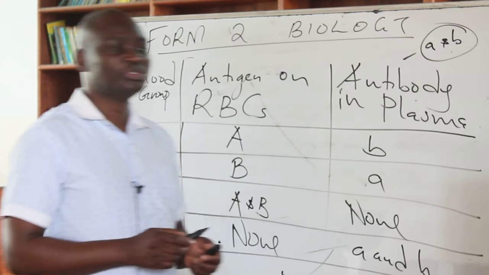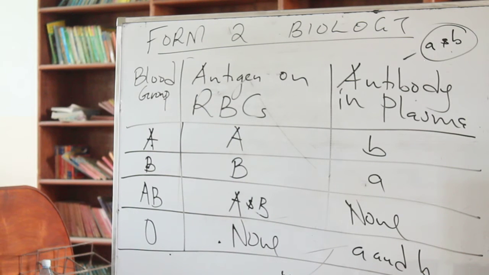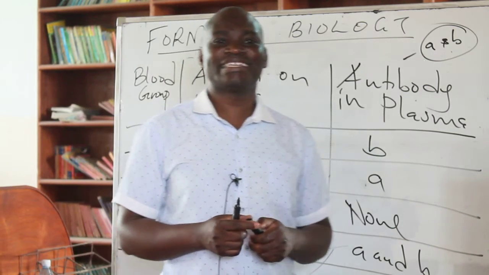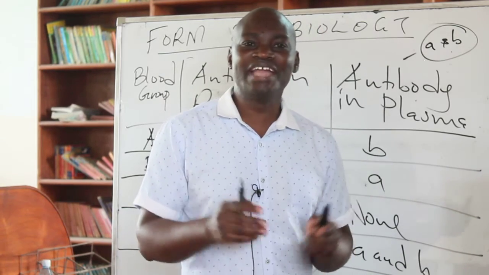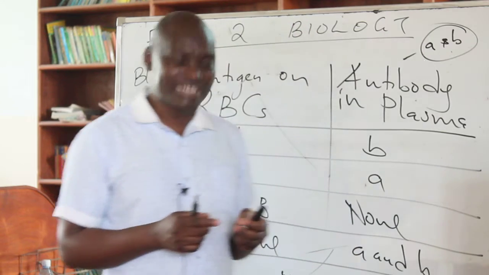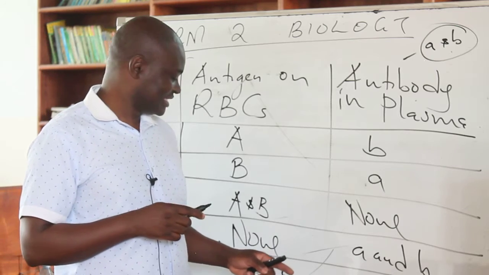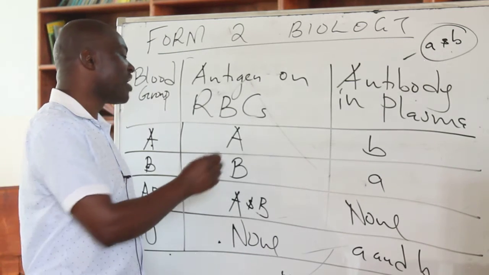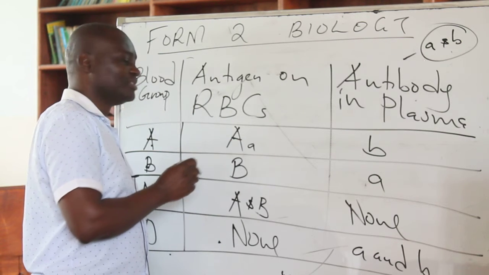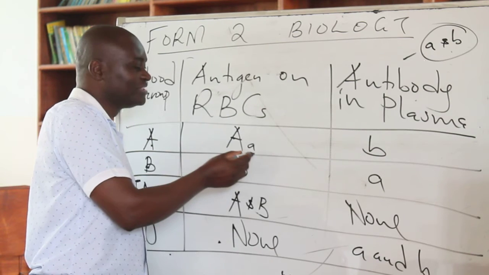So let's move on. We should know that the antigen and the antibody should not correspond. Corresponding means, as I explained, that you cannot have antigen A and antibody A. You cannot have capital A existing together with small a.